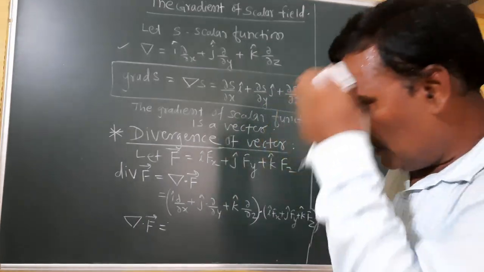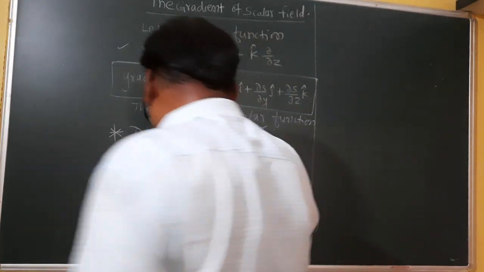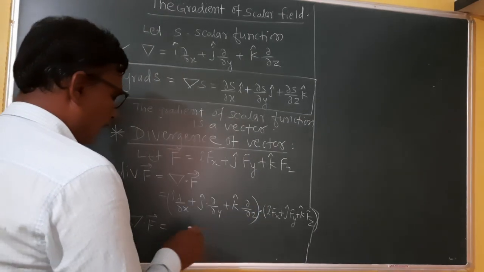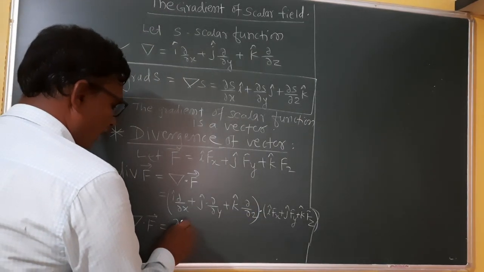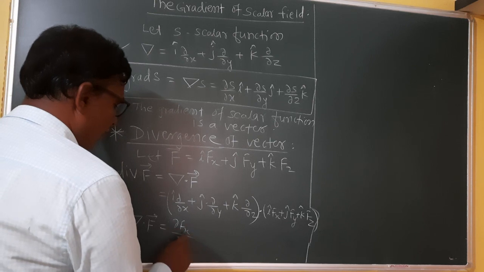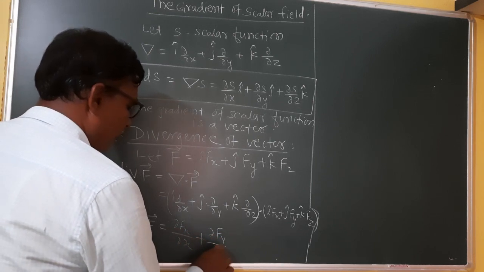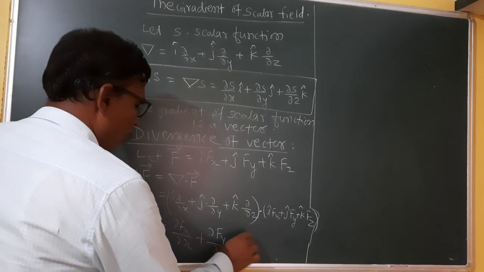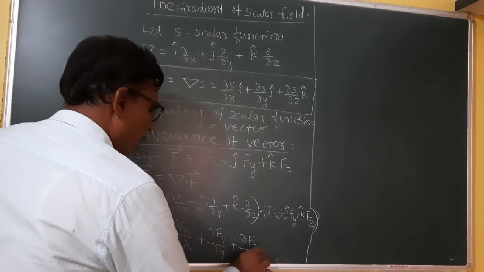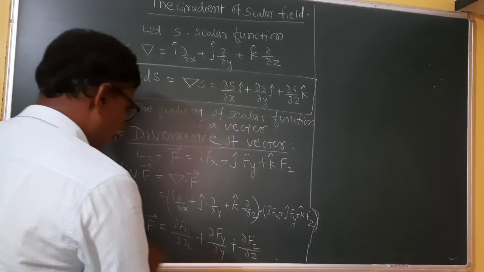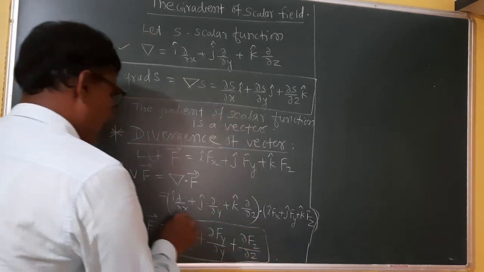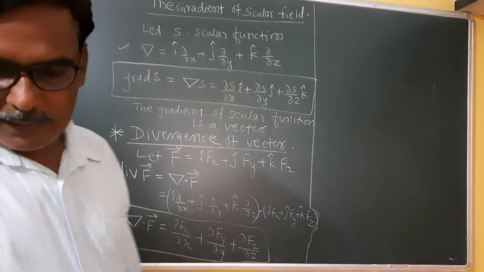So the divergence is dou fx by dou x plus dou fy by dou y plus dou fz by dou z.